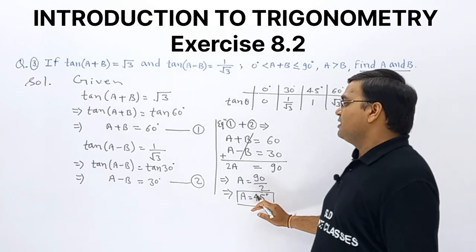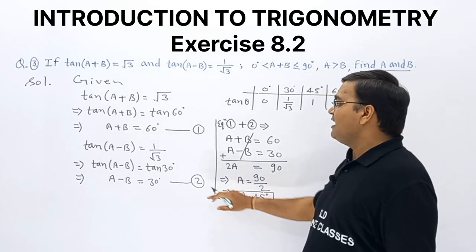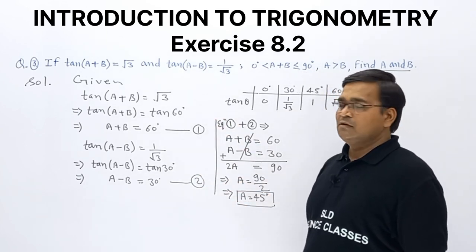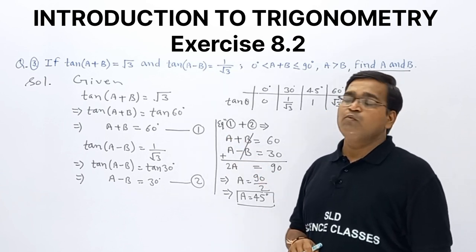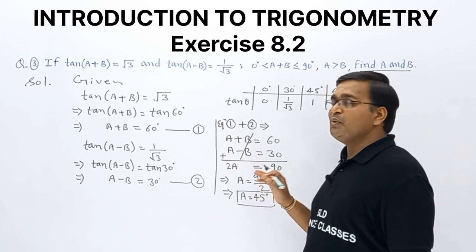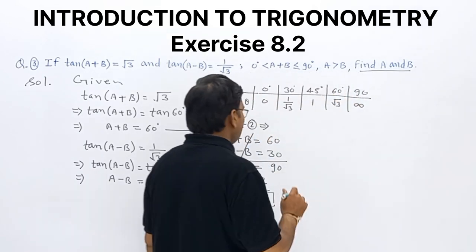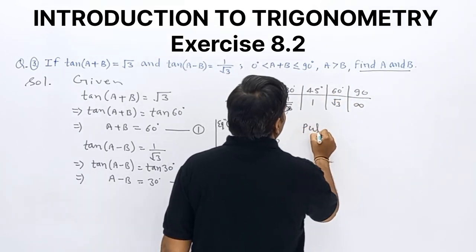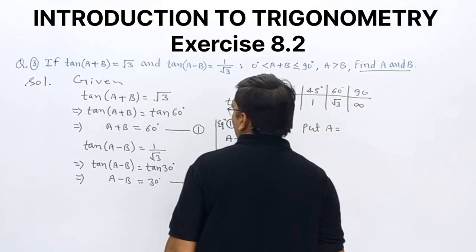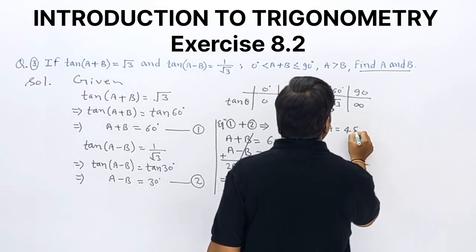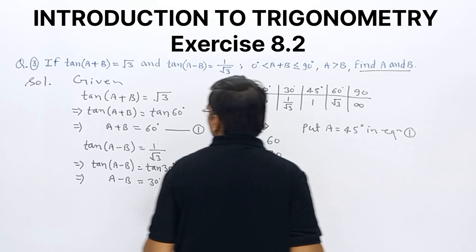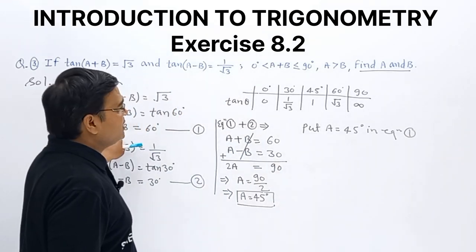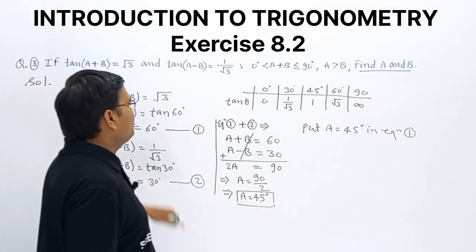Now we will put this value in any equation, then we can find the value of B. So put A equal to 45 degree in equation 1. In equation 1, I am putting the value of A equal to 45.